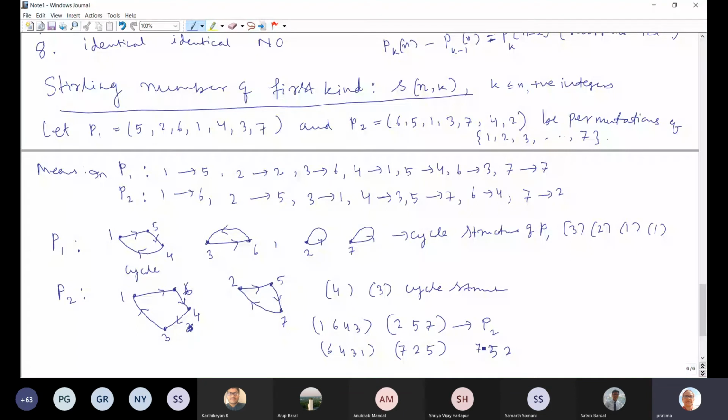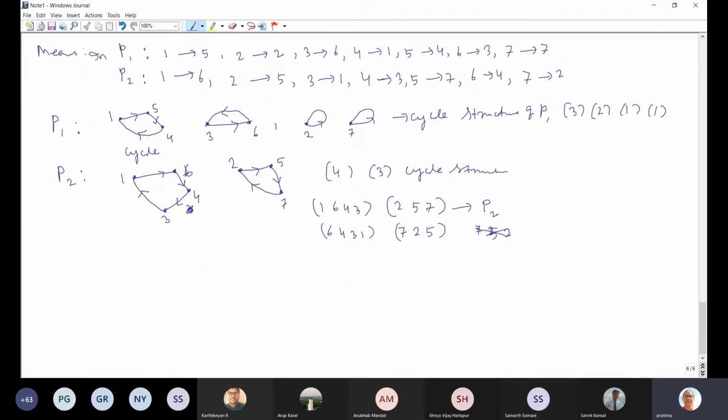If you maintain the cyclic order, 7, 2, 5 or 5, 7, 2, all are the same and we treat them as same. This is the cycle structure of permutations P1 and P2.